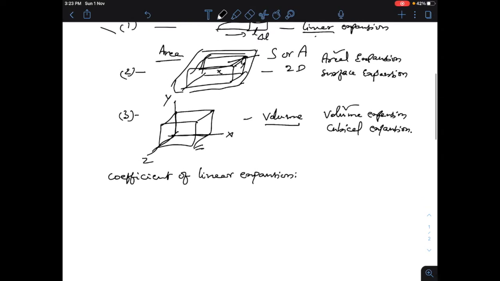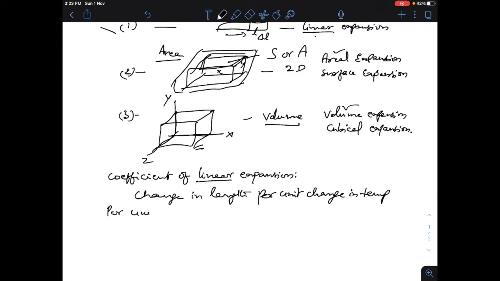Coefficient of linear expansion of a substance in the form of a rod, obviously linear along length, is defined as change in length per unit change in temperature per unit original length, and is denoted as alpha.